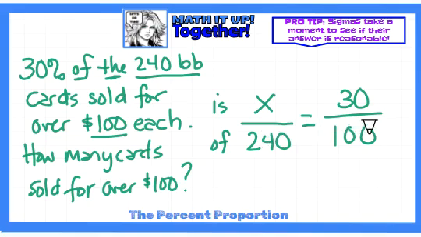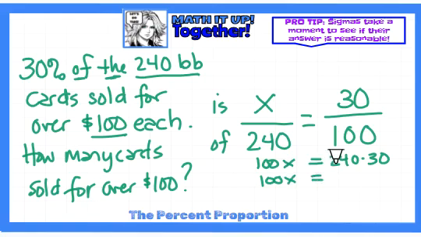So we're going to go ahead. I would like to use my x first, so I'm going to do that multiplication problem first. I'm going to line up my equal signs. I'm going to do this second. We're going to simplify this side to be 7,200. Do that math. Divide both sides by 100 to turn that x into 1x.